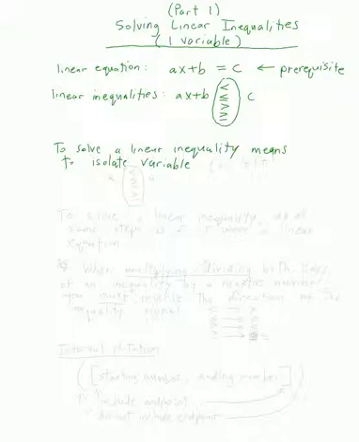In other words, you're going to get something that looks like this: the variable, one of those four symbols, and then a number, a. Usually we have the variable on the left, and I want you to get used to putting it on the left, and I'll explain why in a little bit. This is going to make drawing the picture a lot easier and more systematic when you do it.